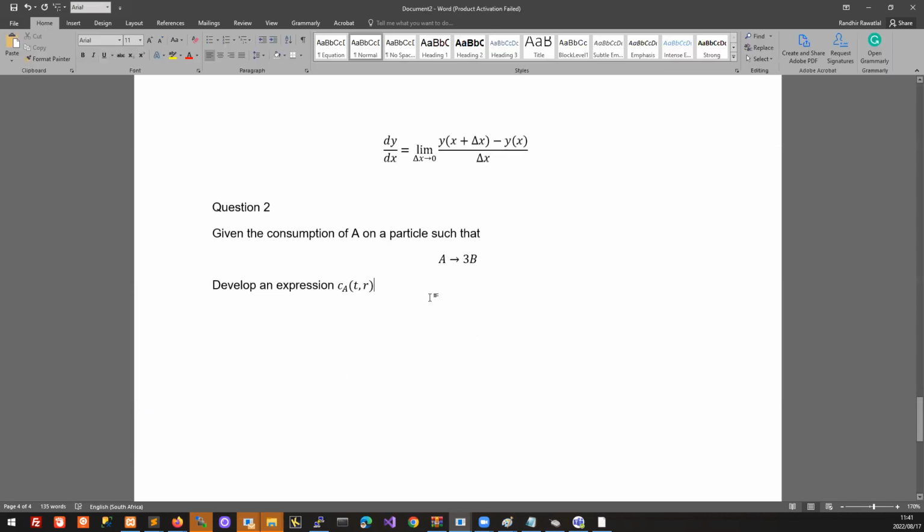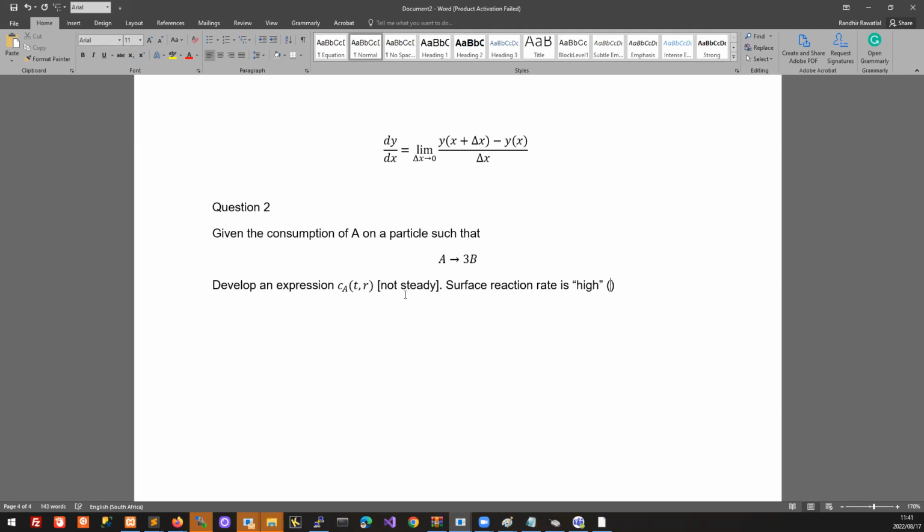Now we want to know how the concentration is varying as a function of t and r, and it's not steady state anymore. Not steady. We'll say here the surface reaction rate is high.